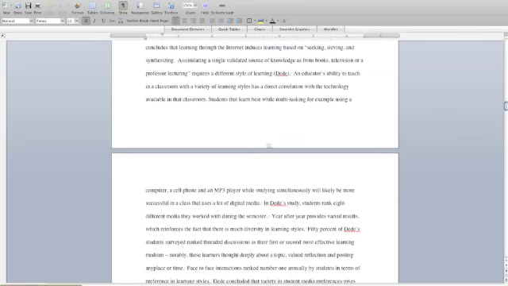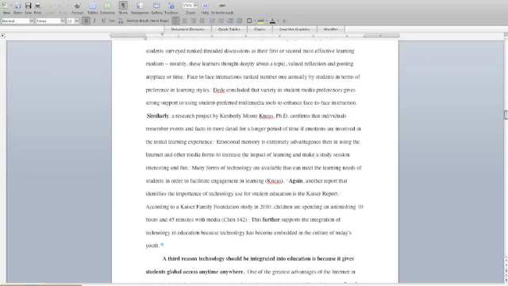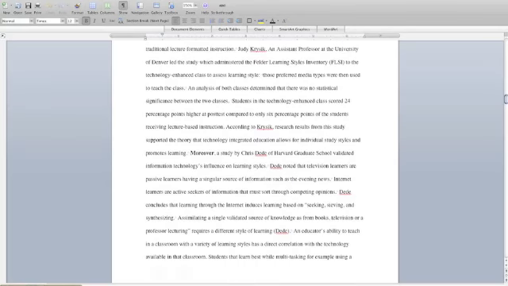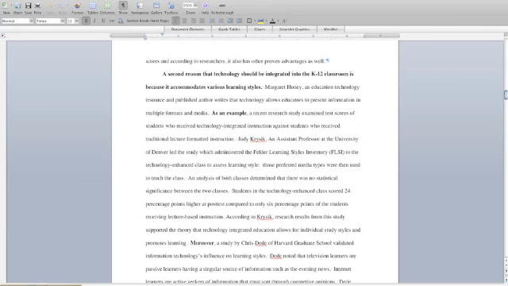And similarly, here's another example. Again, here's another example. So again, this writer has included 4 different examples in this particular paragraph from 4 different sources to support that topic sentence that says that technology should be integrated in K-12 because it accommodates various learning styles.